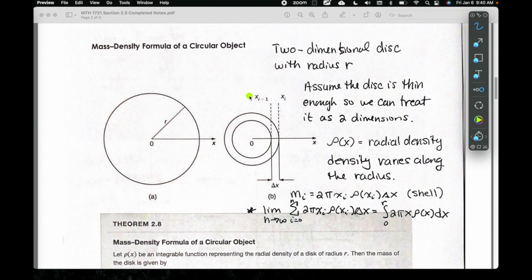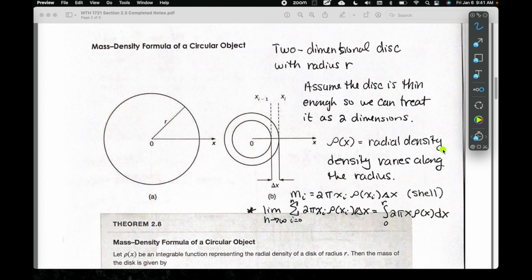Okay, in the next concept, we're going to talk about the mass density formula of a circular object. We are going to be finding the mass of a two-dimensional disk of radius r. Now, we're going to picture a disk that's thin enough that we can assume that it's two-dimensional. Rho, our density function, is now, because we're looking at it in terms of a disk, called our radial density.